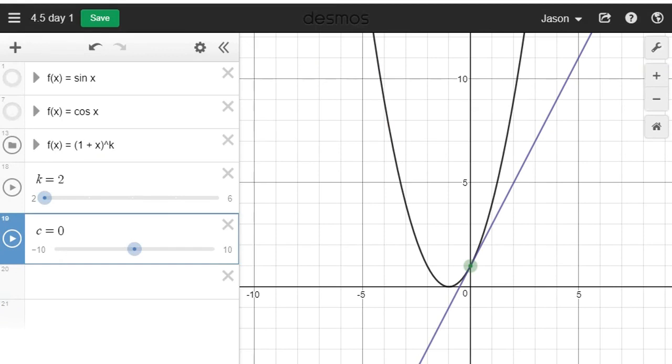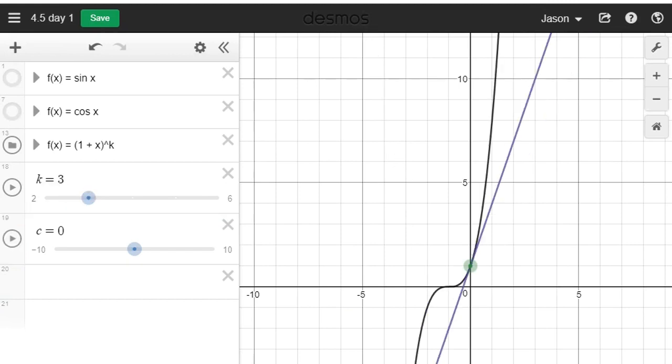But if we take a look at 1 plus x to the k power, let's say k is 2. If we have a quadratic, notice that the slope of this line, this 1 plus kx, is 2.